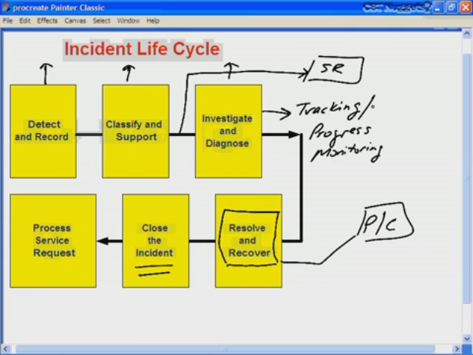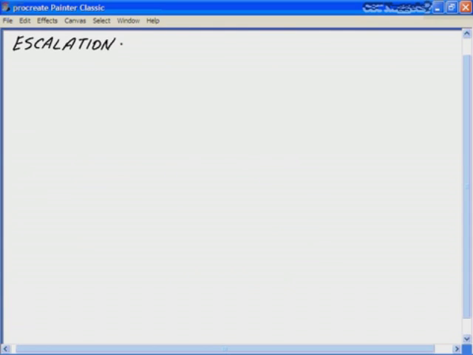For example, when you make a phone call to a service desk and you hear, this call may be monitored for quality assurance. You have that type of thing, or maybe you have a software solution in place. So tracking and progress monitoring is working in parallel all along the way.